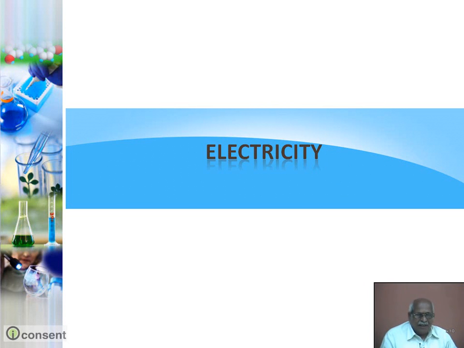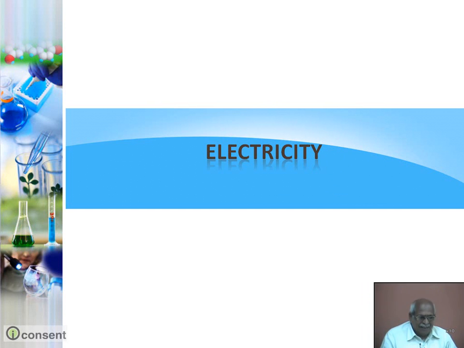So in this way, there is some sort of force. It is called interaction force between electrical charges. Obviously, next question is, how much is this force? On what factors does it depend?